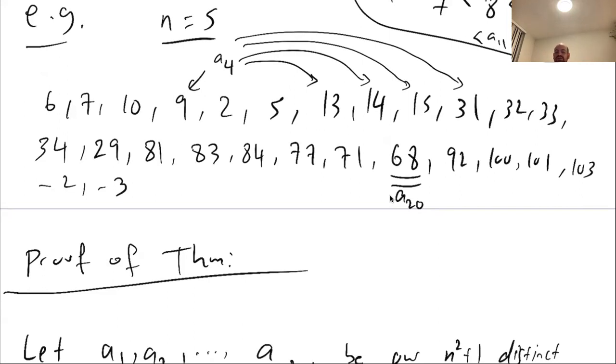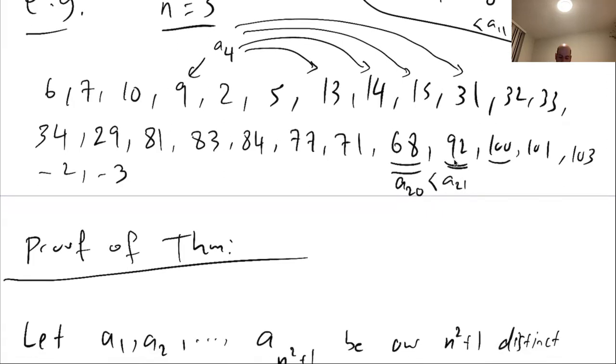So what is starting from this A20? What is the length of longest increasing subsequence? If I want to have an increasing subsequence starting from 68, then that means the next element must be bigger than 68. Well, the next element of the sequence is 92, which is bigger than 68. So this could be A21.